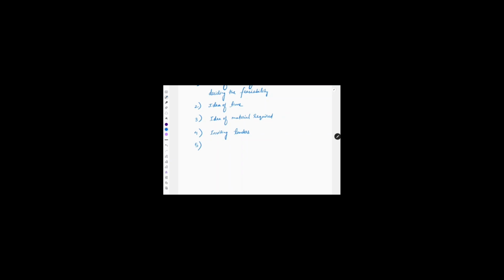It helps in controlling the expenditure on the project. And next, it helps to evaluate whether there is any benefit in executing the project.